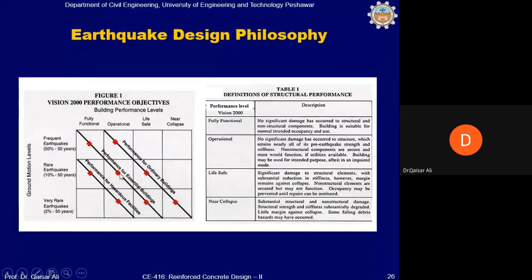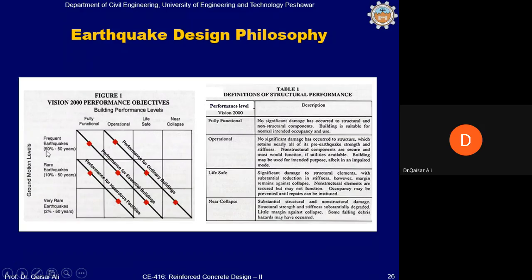The second line is performance for essential buildings. And the third one is performance for ordinary buildings. Keeping in view these 3 lines, now let's see the X and Y axes of this graph. On the Y-axis, you can see the earthquakes.